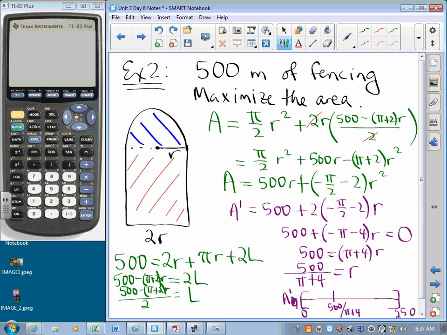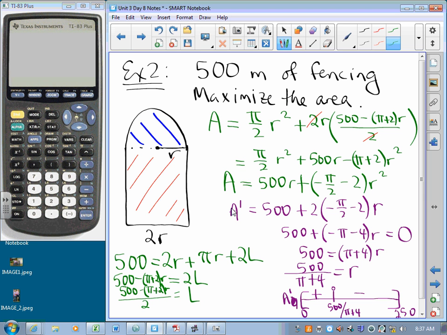Now, you and I both know that this A prime is going to go positive, negative, 0 there. And so I know that the area function is increasing until 500 over pi plus 4, and it's decreasing after 500 over pi plus 4. And so that means that not only is r equals 500 over pi plus 4 a local max, it is the absolute max. There cannot be a higher point on the area function.